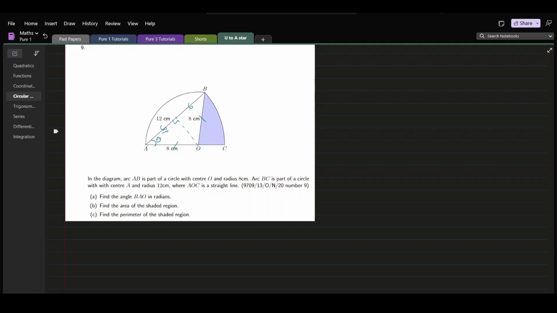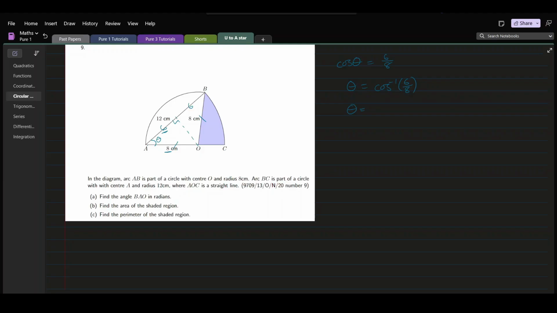Notice how this 6 is the adjacent, and this 8 would be our hypotenuse. So it means we're using cos. We could say that cos theta is equal to the adjacent, which is 6, over the hypotenuse, which is 8. So theta is equal to arc cos of 6 over 8. Punch that into a calculator, make sure you're in radians.